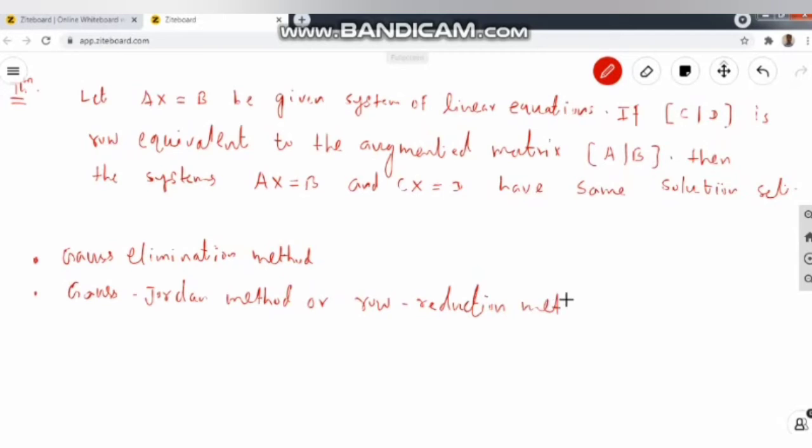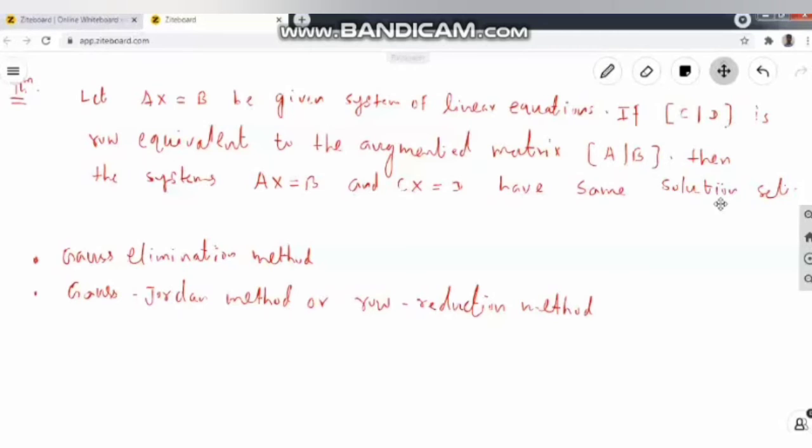So these are the two methods for solving a system of linear equations Ax equal to b, and both methods are based on this particular theorem. So what is the simple procedure for both methods? Let me tell you what the Gauss elimination method is.